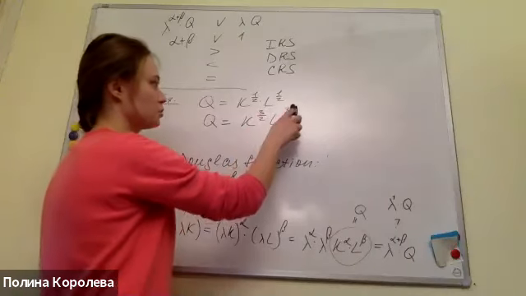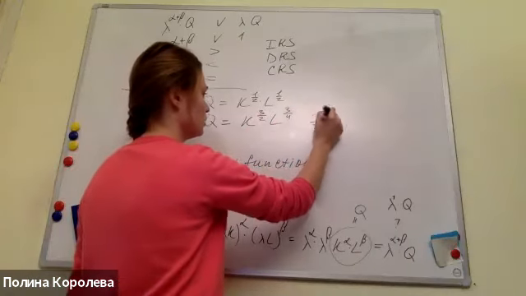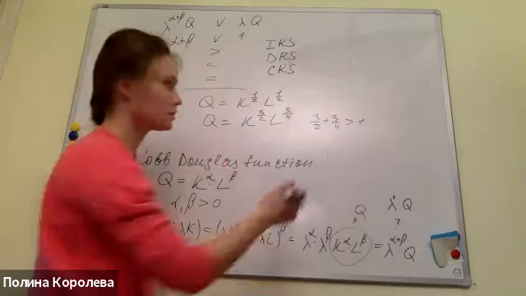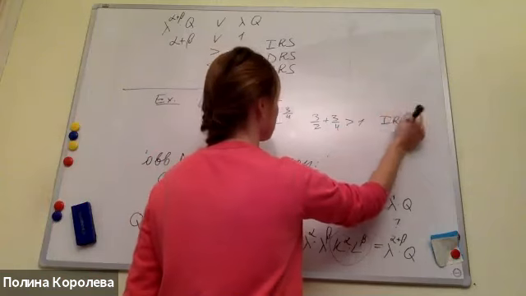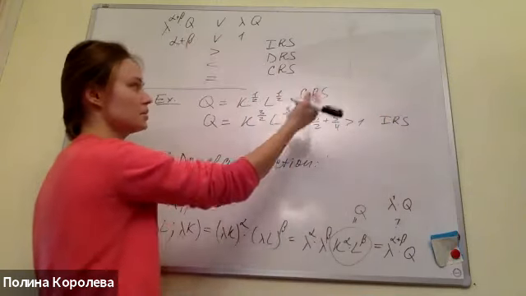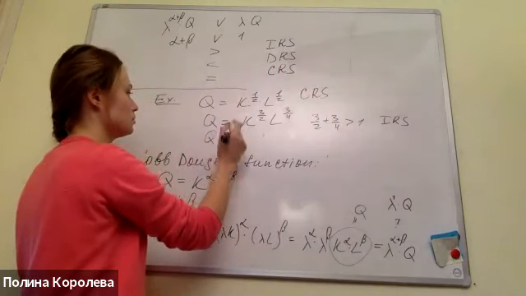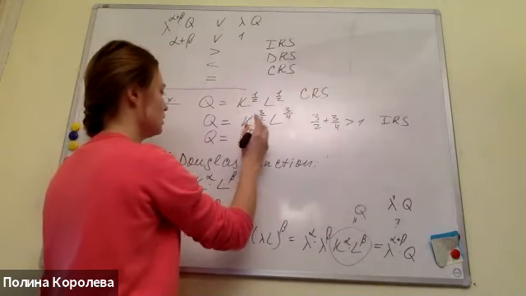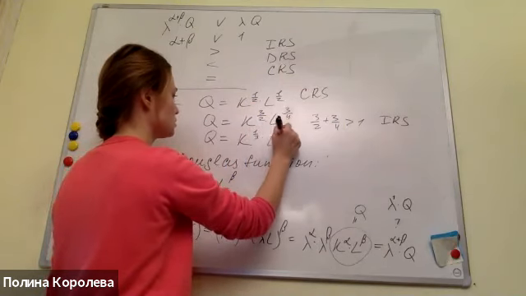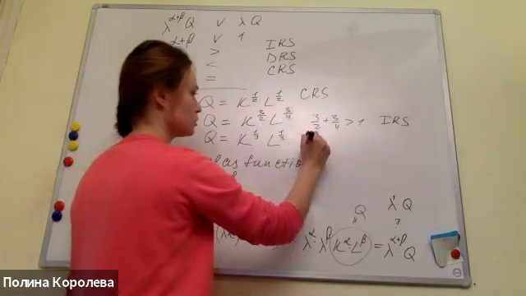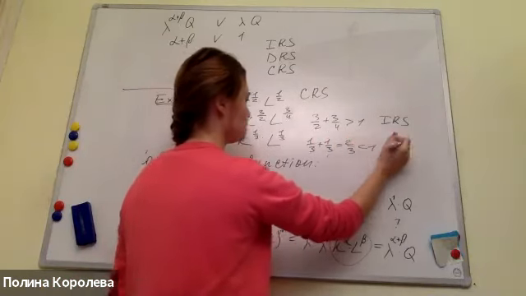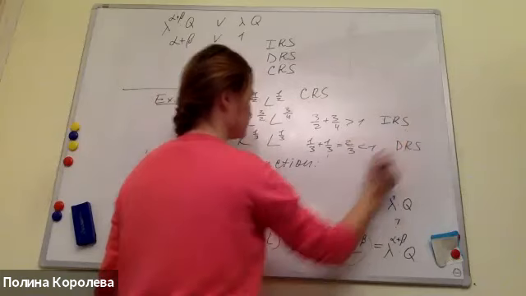So 3/2 plus 3/4 is greater than 1. So increasing returns to scale. Here constant returns to scale because 1/2 plus 1/2 is 1, and decreasing: let's say K to the 1/3 multiplied by L to the 1/3. 1/3 plus 1/3 is 2/3, less than 1, so decreasing returns to scale.